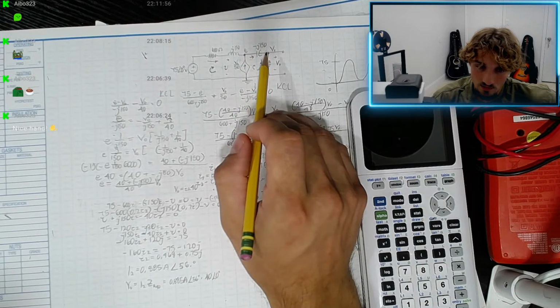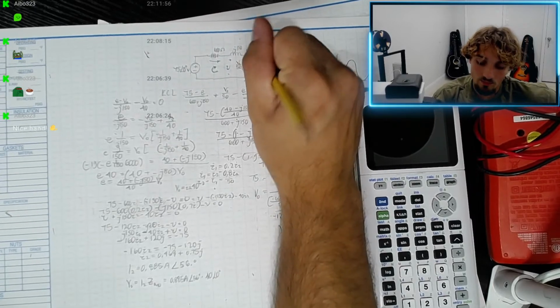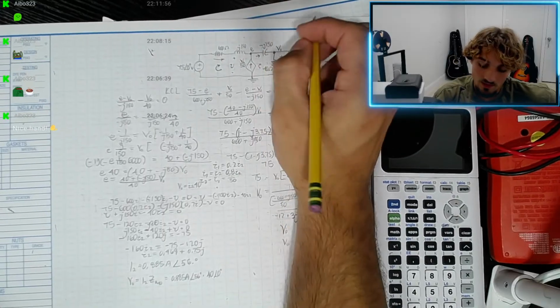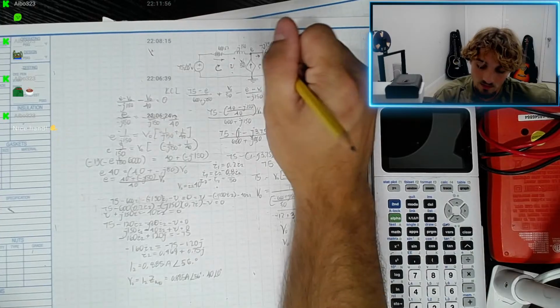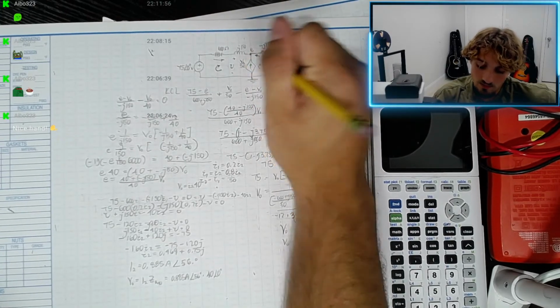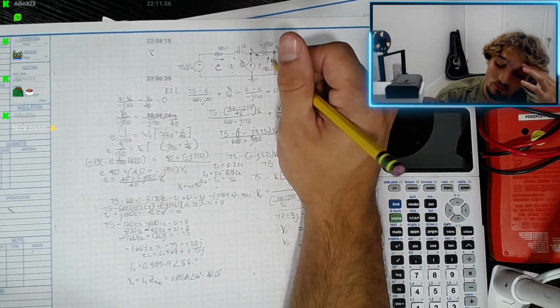It's saying both go in, that's positive. No, it's saying it goes like this. V out minus V1 plus.